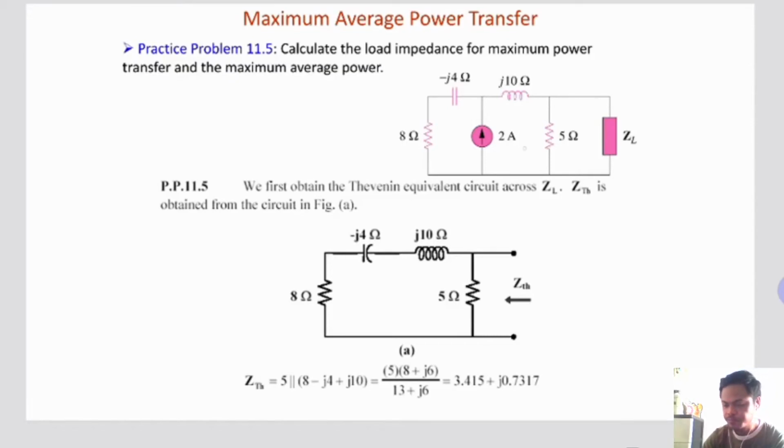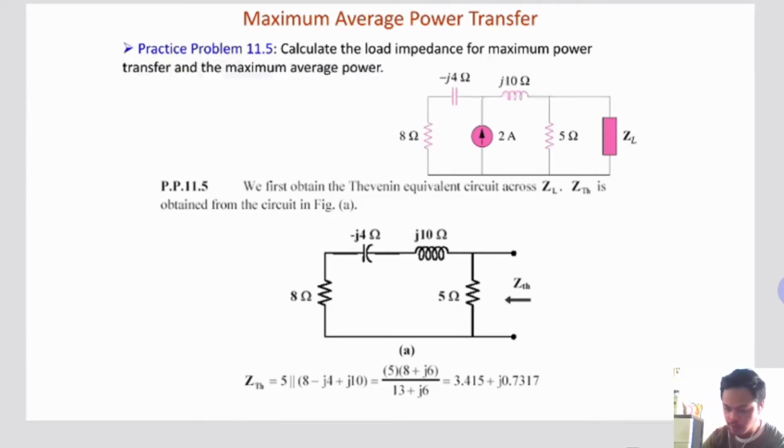From the concept of DC circuits, to determine the Thevenin impedance, we have to turn off all independent sources, and if it has dependent sources, we need to apply a test voltage or test current in the circuit.